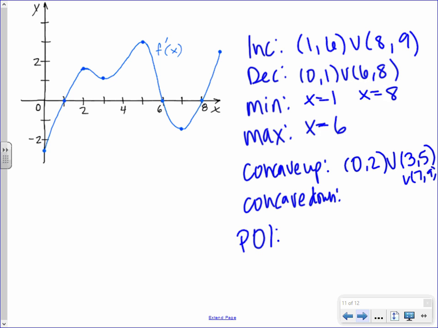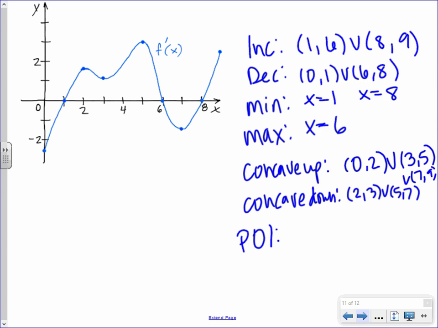Our derivative is decreasing where, Alex? 2 to 3 and 5 to 7. Okay. Our points of inflection occur where we change concavity.